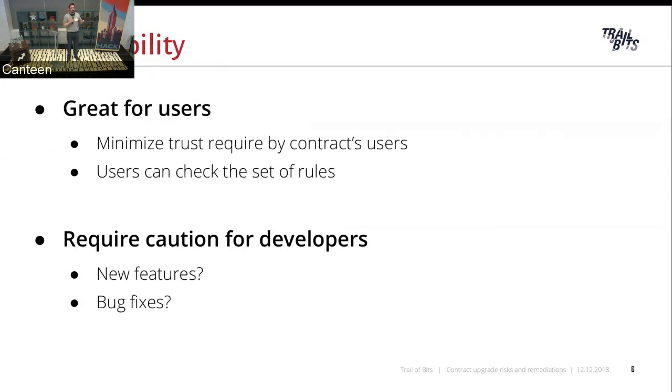He can just read the rules of the contract, and if he agrees with the rules, he can interact with the contract. Now, as a developer, it's not necessarily great to have this non-upgradable system, because if after the deployment you want to add a new feature, or if you find a bug after the deployment and you want to fix it, you can't.